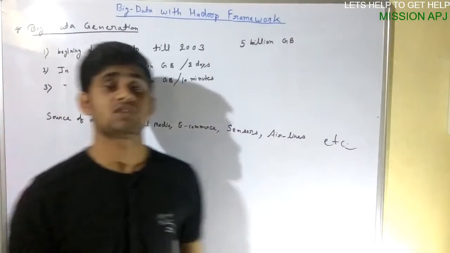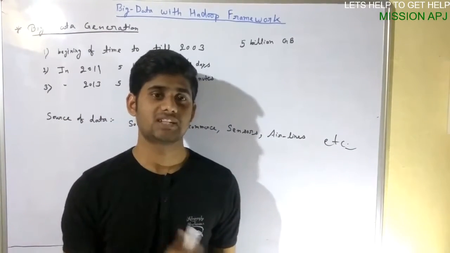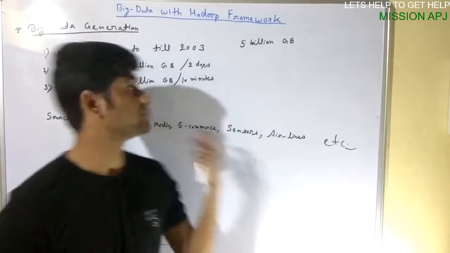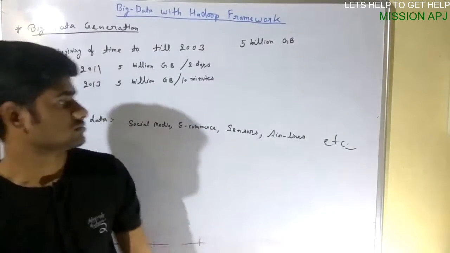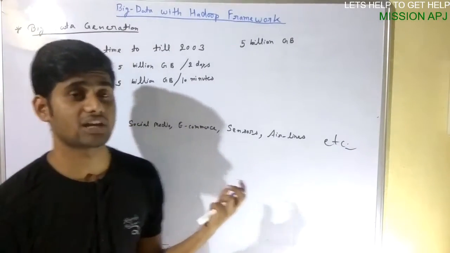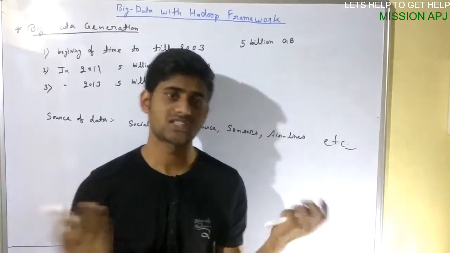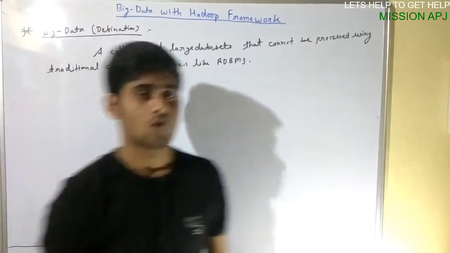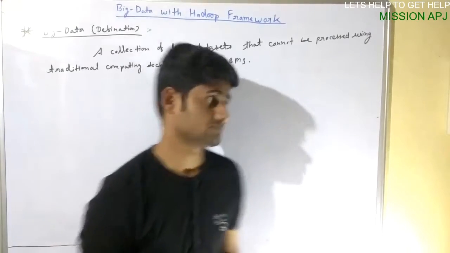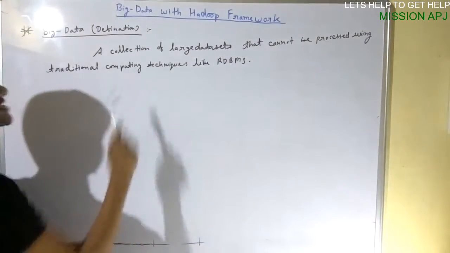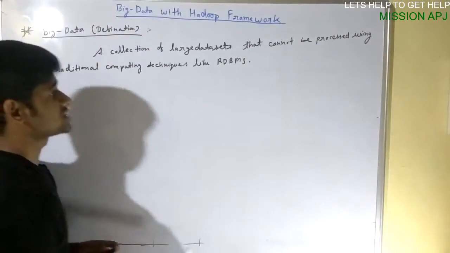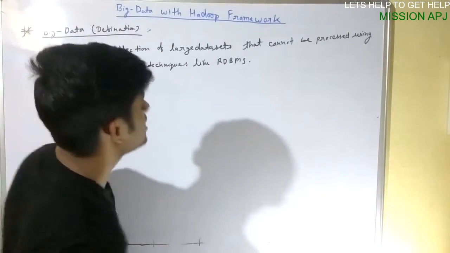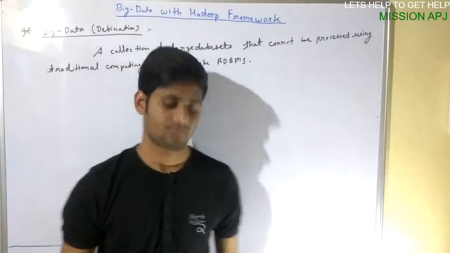Okay, let us understand the definition of big data. What do we call big data? From the word we can understand what big data is, but let's define it so that things will be clear. Definition of big data: a collection of large data sets that cannot be processed using traditional computing techniques like RDBMS.